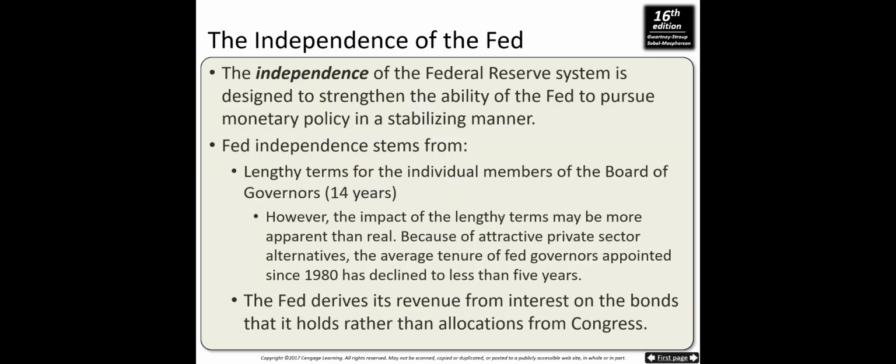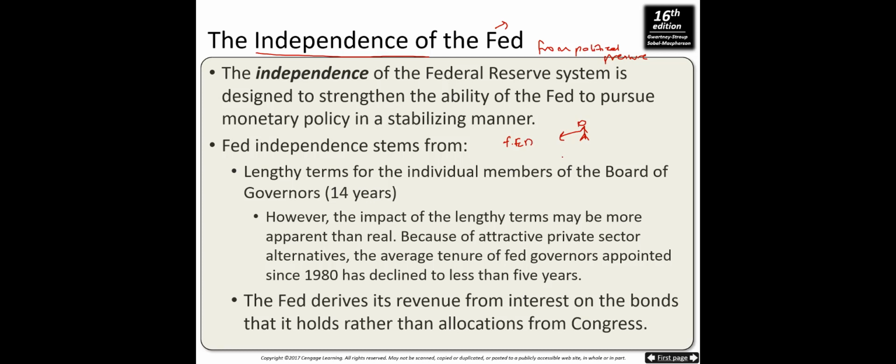Now next we are going to talk about the independence of the Fed. When we say independence of the Fed, we refer to independence of the Fed from political pressure. So what does that mean? Just think about how powerful the Fed is first. The Fed has the right to print money or destroy money, so the Fed is controlling the amount of money in the economy. And you know that political party leaders want to affect the Fed's decisions.